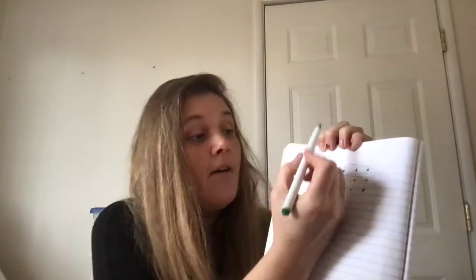Okay, now how do we write that? Our groups are always our rows, right? So we have 3 groups of 5. Or 3 times 5 equals 15.